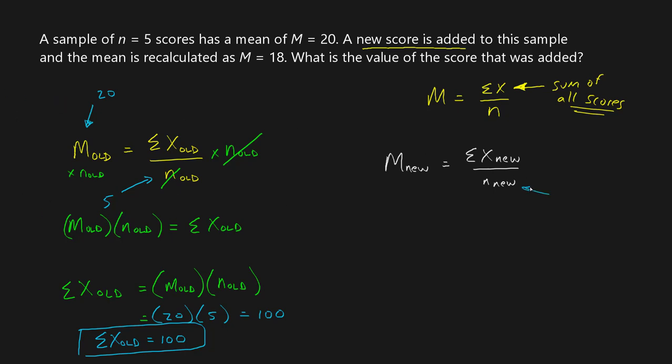So this is no longer going to be 5, this will be 6. We also know, they've told us, that the mean has been recalculated as 18. So we can figure out what this new sum of x is. We basically just would be going through the same steps that we did here. We're going to rearrange this to get to the sum of x.